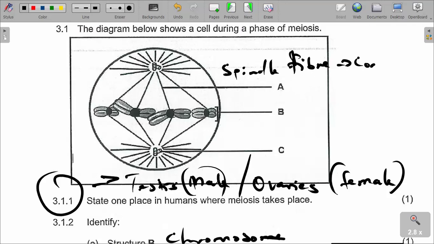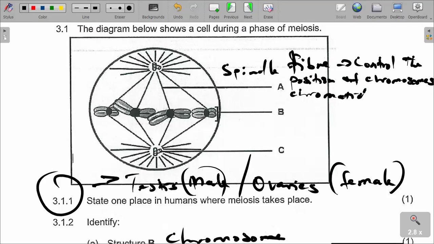So in simple terms, we can say it controls the position of chromosomes or chromatids during the process of meiosis.